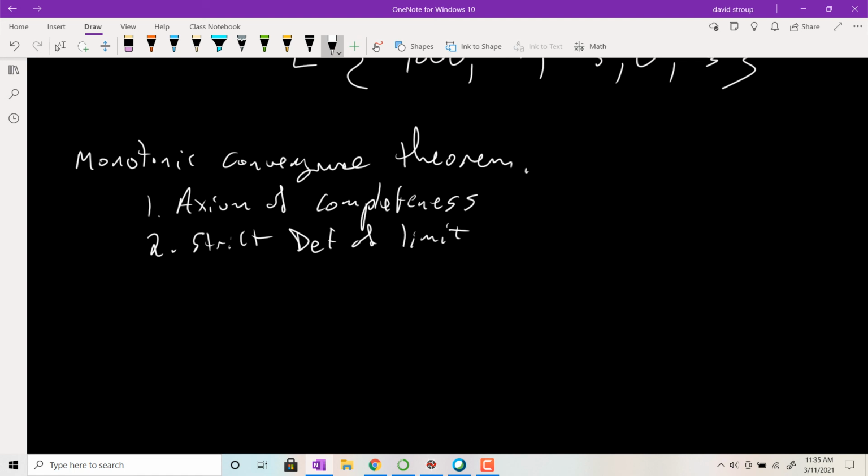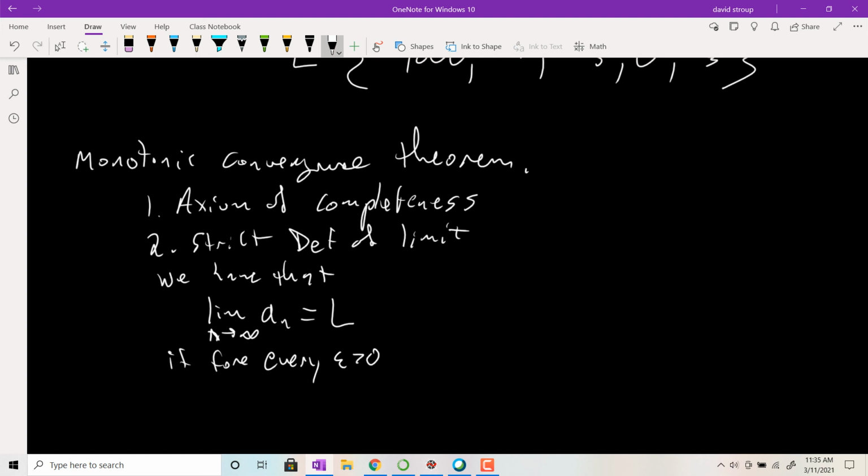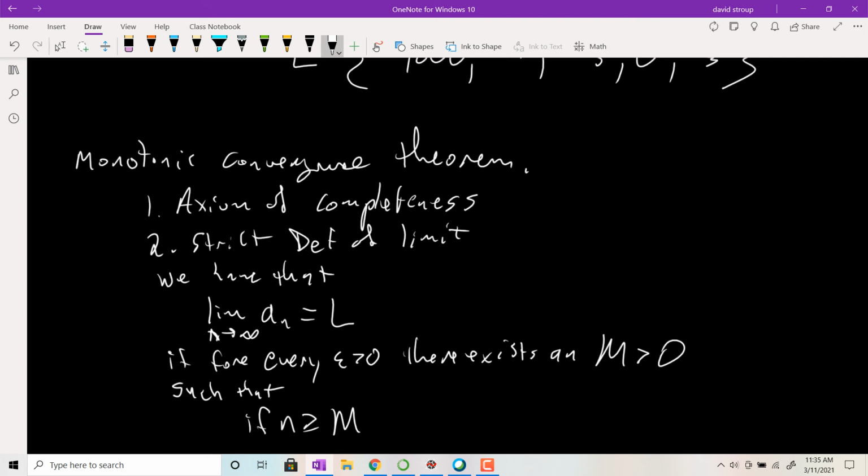It says we have that the limit as n goes to infinity of a sub n equals some number L if for every epsilon greater than 0 there exists an M greater than 0 such that if n is greater than or equal to M, you could usually use greater than or equal to or just greater than, then the difference between a sub n and L is less than epsilon.